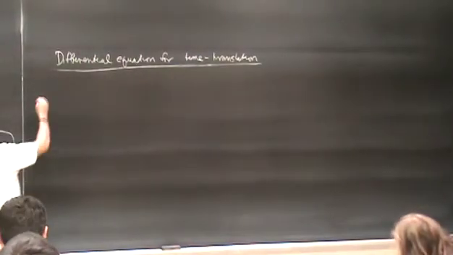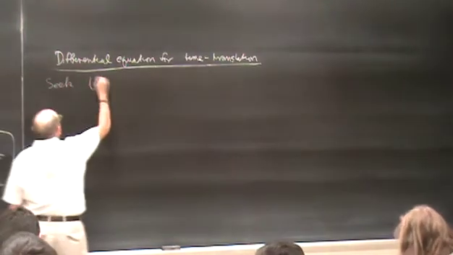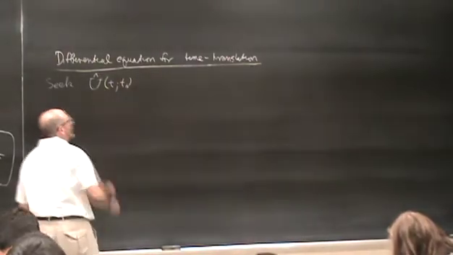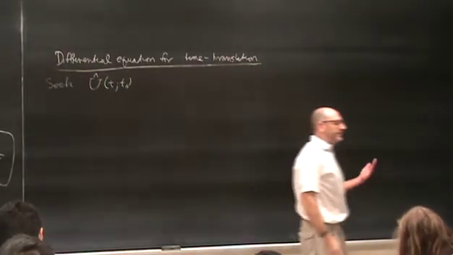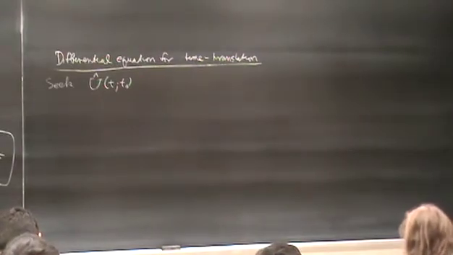So let's say I seek this map, the map that takes me from t0 to some finite time t. Okay, that's what I want.